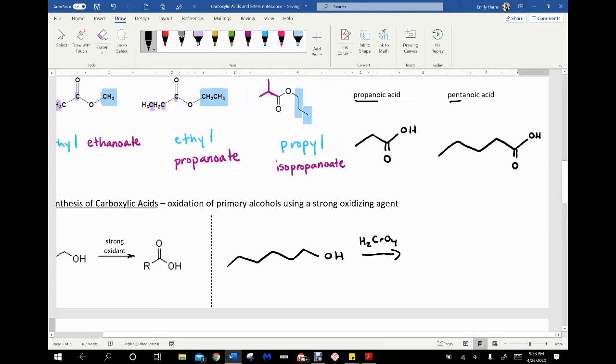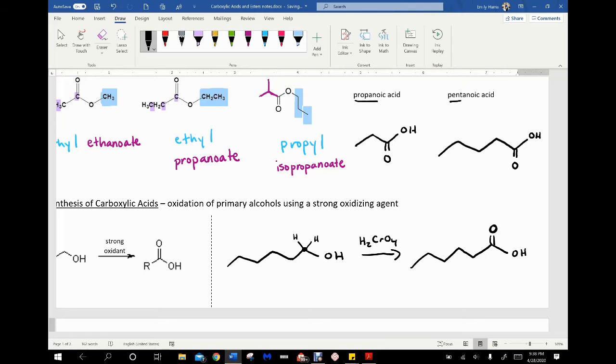And so what will happen is, because this carbon that the primary alcohol is attached to has 2 hydrogens, it can undergo 2 rounds of oxidation, if you will. And what will happen is, at that carbon, we can generate a ketone there, and we can form a carboxylic acid.